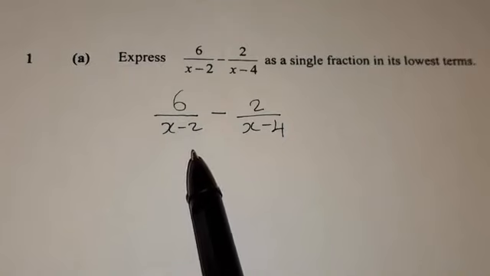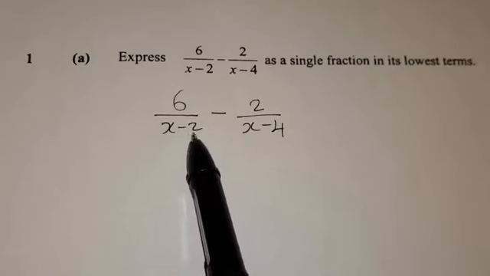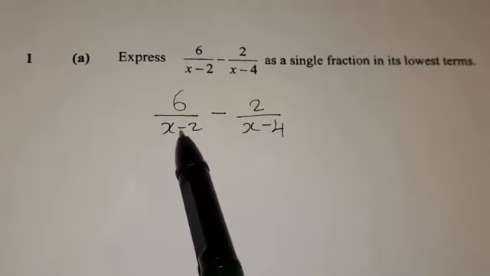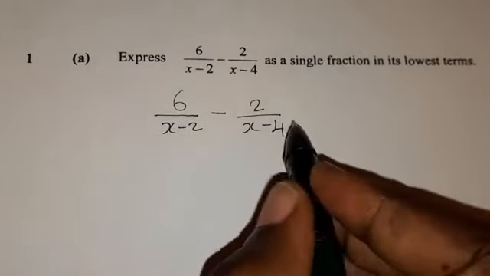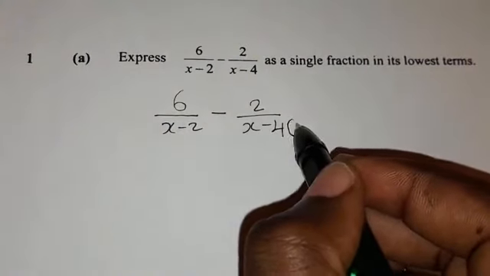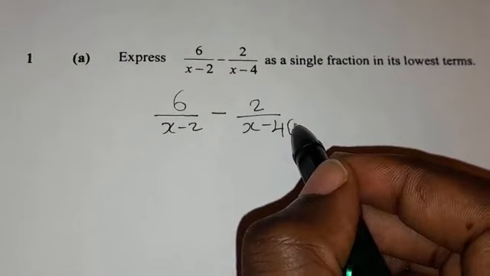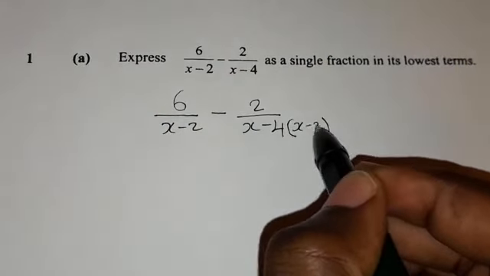So how are we going to do that? We are going to multiply the denominator of the second fraction by the denominator of the first fraction. So we're going to have x minus 2.